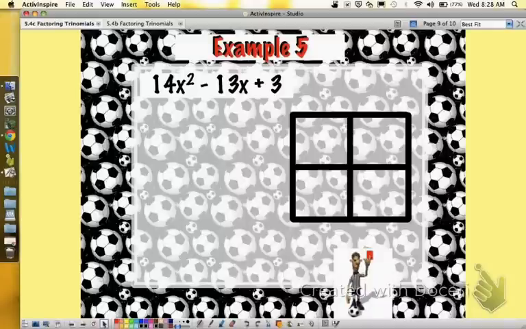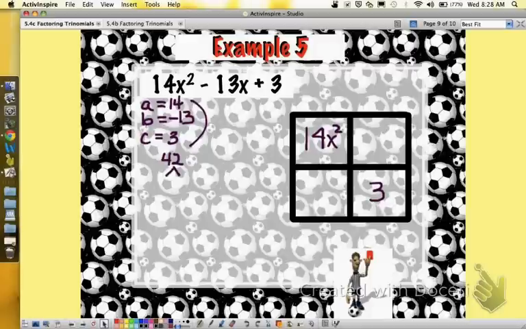In our next example, again, let's put the 14x squared and the 3 in the boxes. List your ABCs. Take the product of A and C. Now look for factors of 42 that add up to negative 13. They're going to be negative 6 and negative 7. Throw those into the box, adding the x.